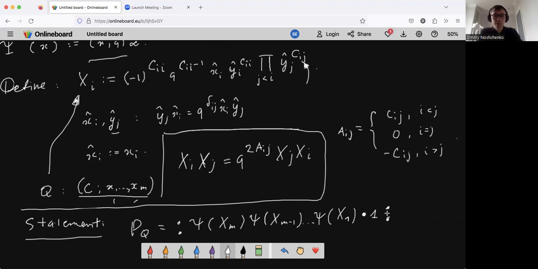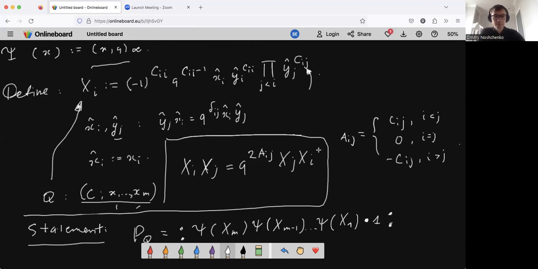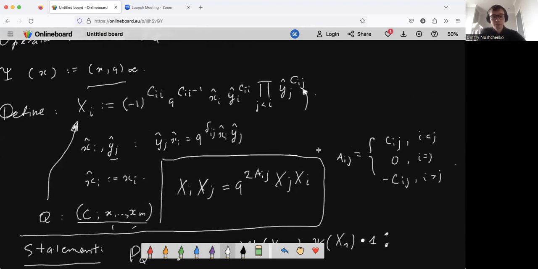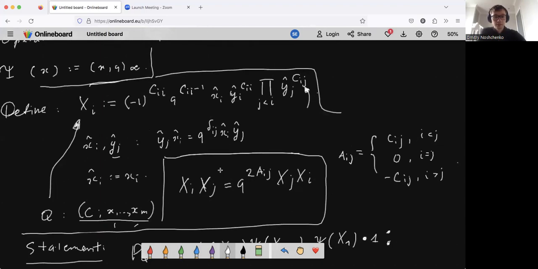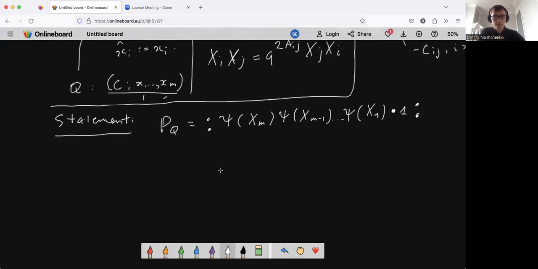Before that, let me mention something else: an interesting property of this quantum logarithm itself. Maybe I'll just write it below.